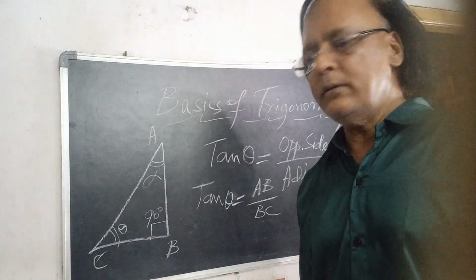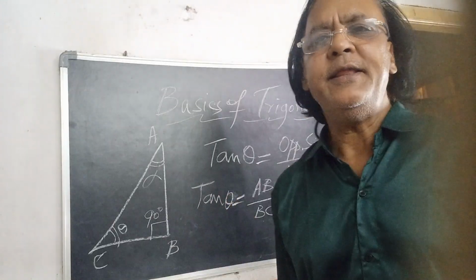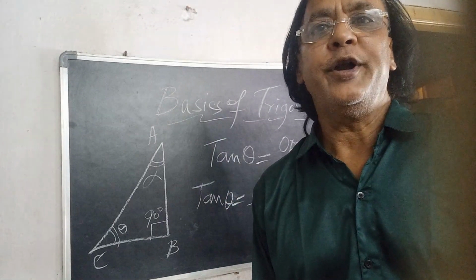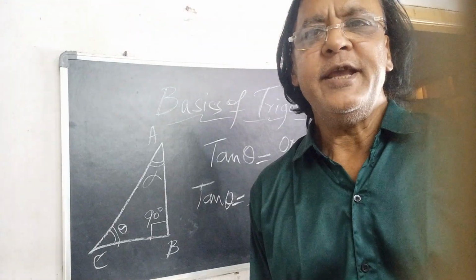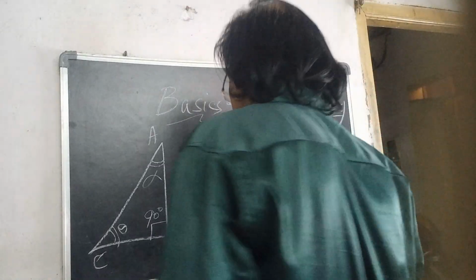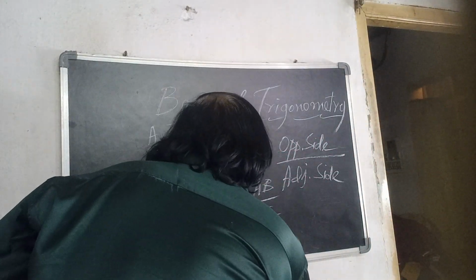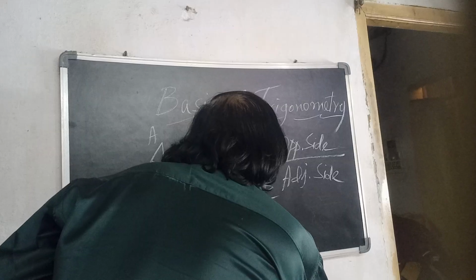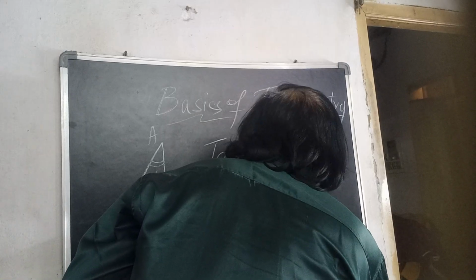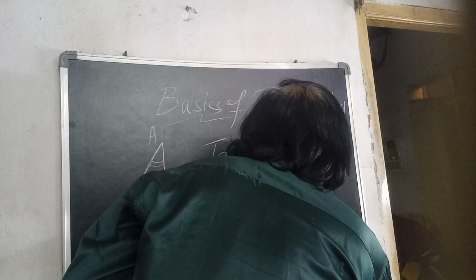And the inverse of tan theta is cot theta, cotangent. In short, we say cot theta. Cot theta is equal to BC by AB.